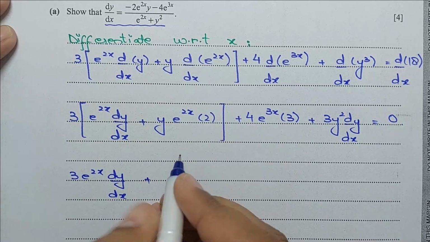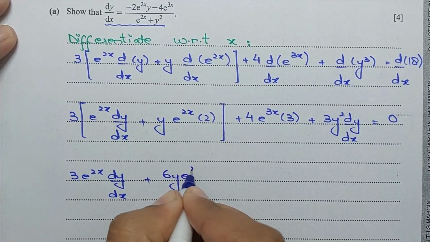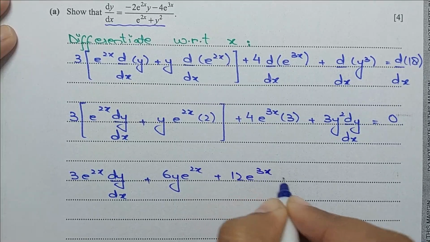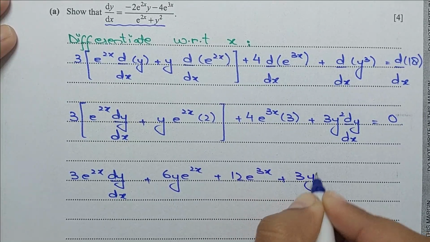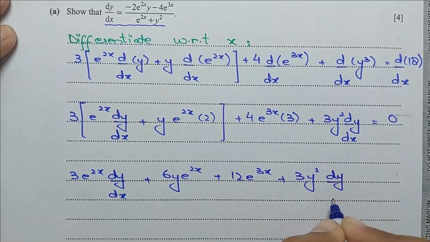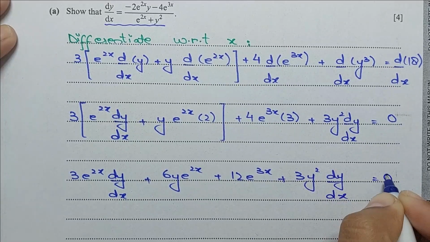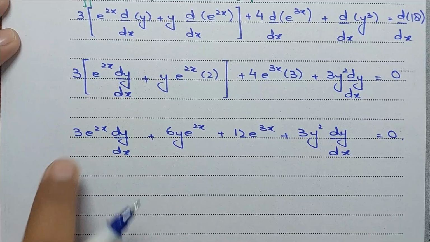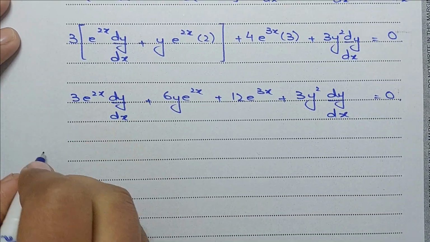Further simplification, we have 3 e to the power 2x dy over dx, plus 3 times 2 is 6 y e to the power 2x, plus 12 e to the power 3x, plus 3y square dy over dx equals to 0. Let me take 3 common, because throughout the equation 3, 12, 6, 3, all are multiples of 3, right?